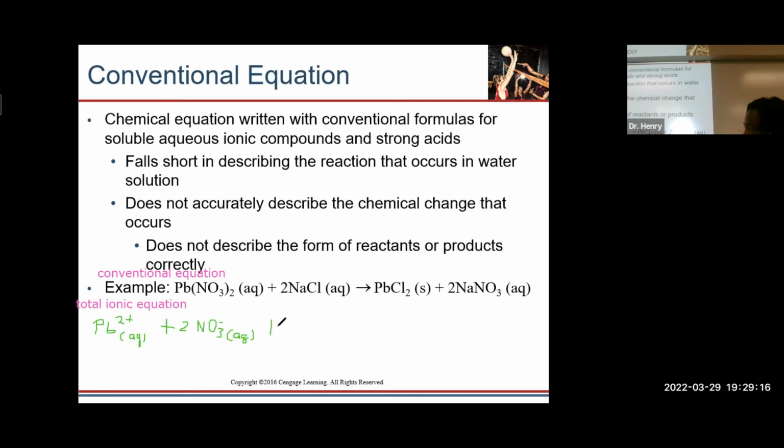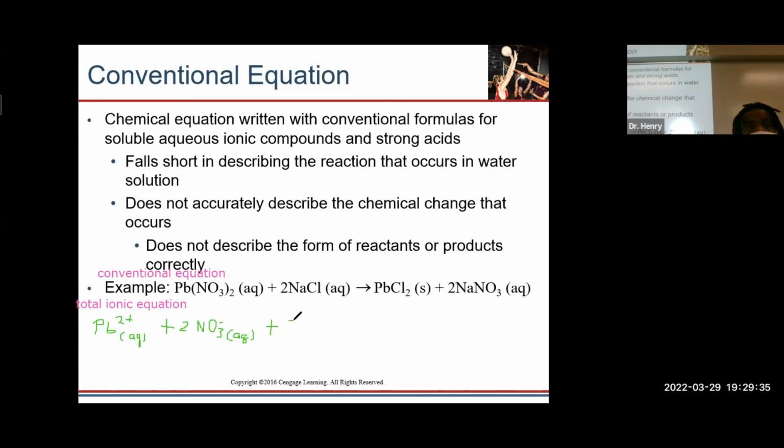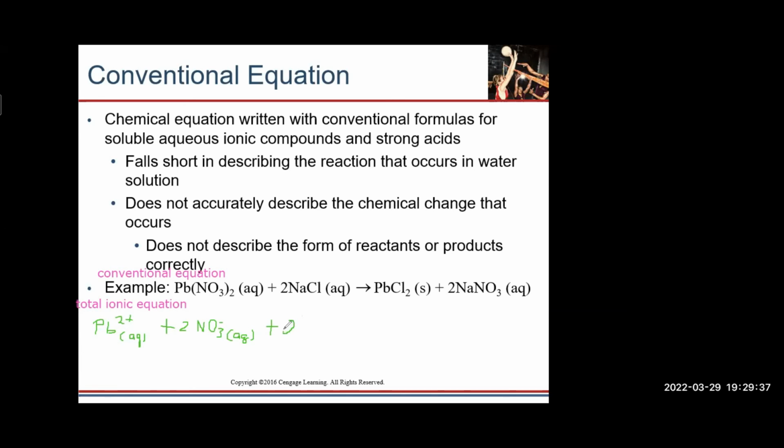Because we know they're only held together by that positive charge. Okay. We have sodium chloride aqueous. What is going to happen there? It's going to split up. So then we're going to have how many sodiums? 2.